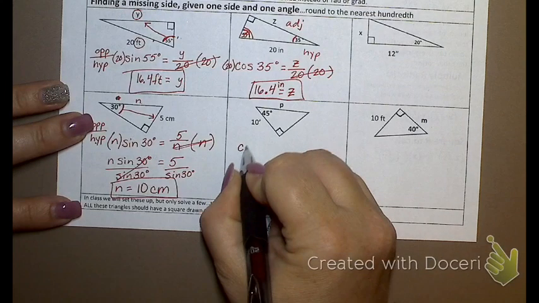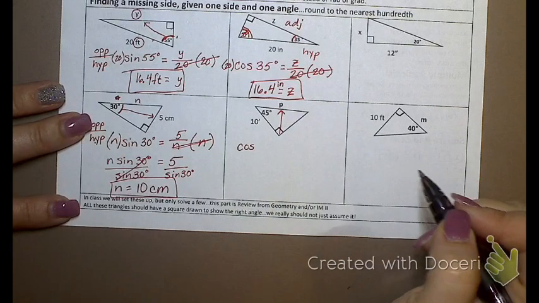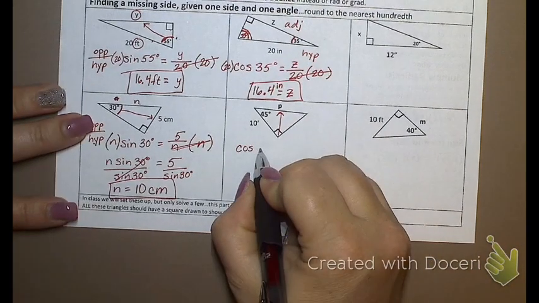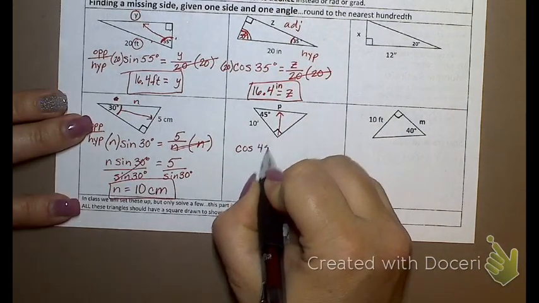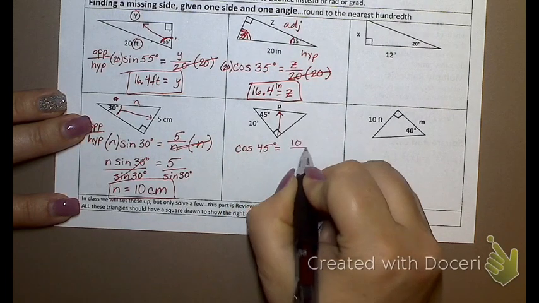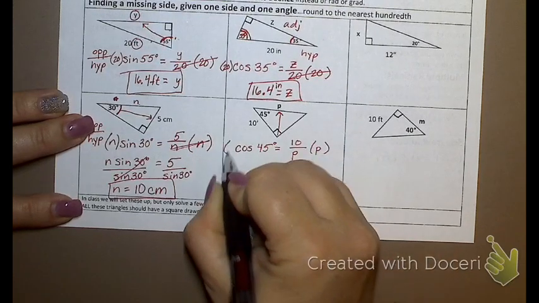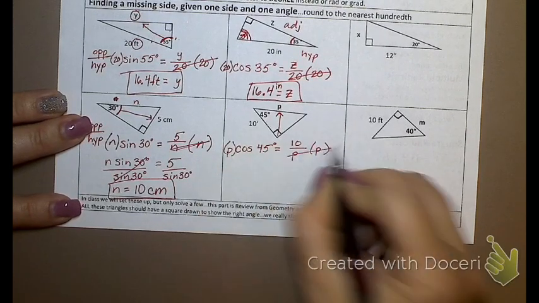Cosine. That is a hypotenuse. I was in the wrong column. You following me so far?